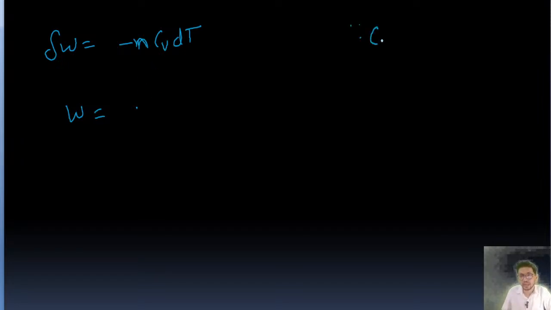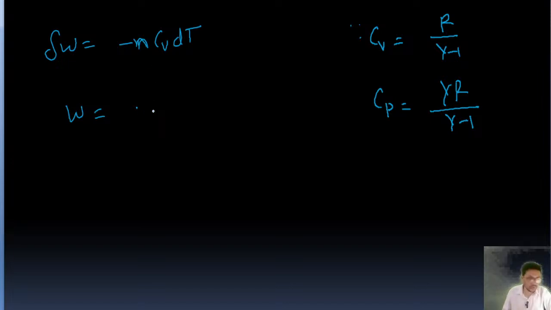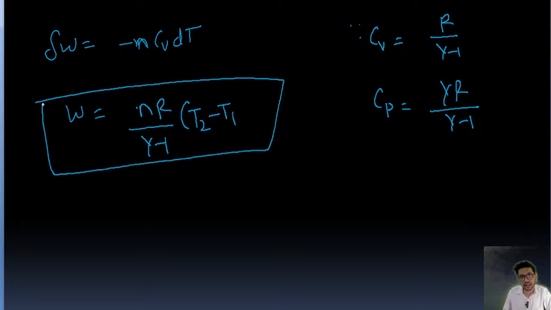Cv value we know, Cv is R upon gamma minus 1, and Cp value is gamma R upon gamma minus 1, you need to note this down and memorize it. So you can directly find the value of W, and this is going to be nR upon gamma minus 1 into T1 minus T2. Very important, this is the work done in case of an adiabatic process.